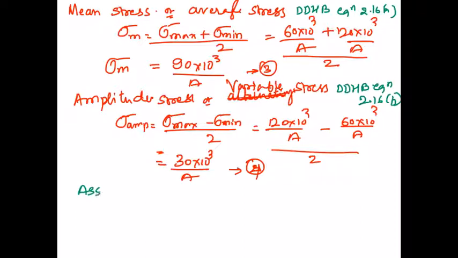Assuming the load factor. As it is a reversed axial load, you can assume from 0.7 to 1. So let us go for A equal to 1. Next, for the size correction factor, you need to refer to some equations and substitute values.